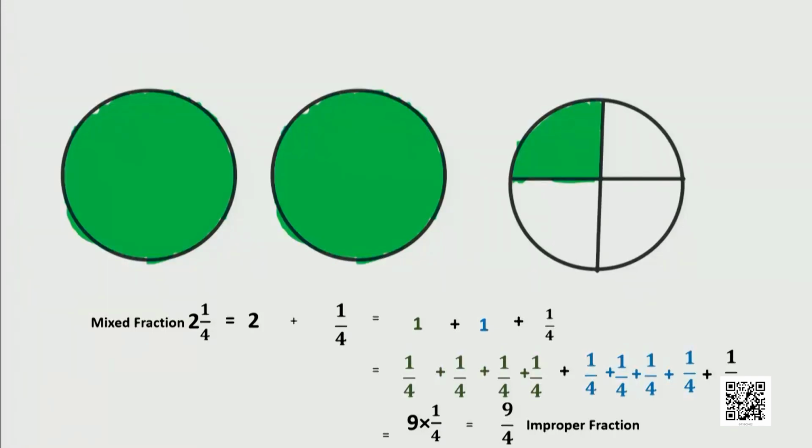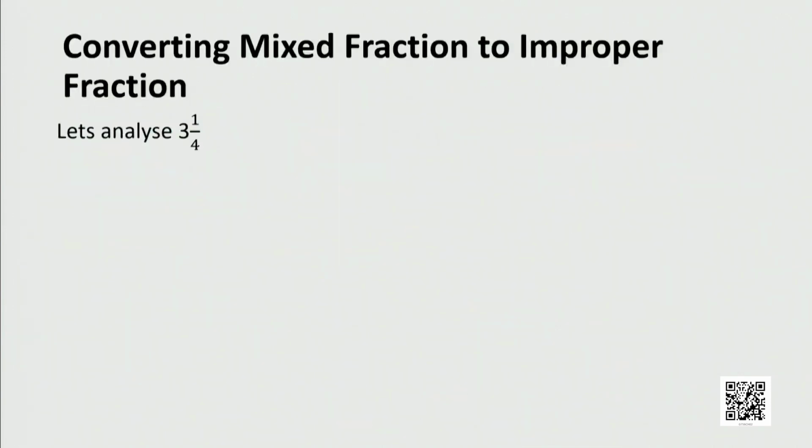You should understand how to convert a mixed fraction to an improper fraction and an improper fraction to a mixed fraction. So we are going to see that. How to convert a mixed fraction to an improper fraction? Let us take a simple example, 3 1 over 4. You know what 3 1 over 4 means: there are 3 full objects and a quarter of that.